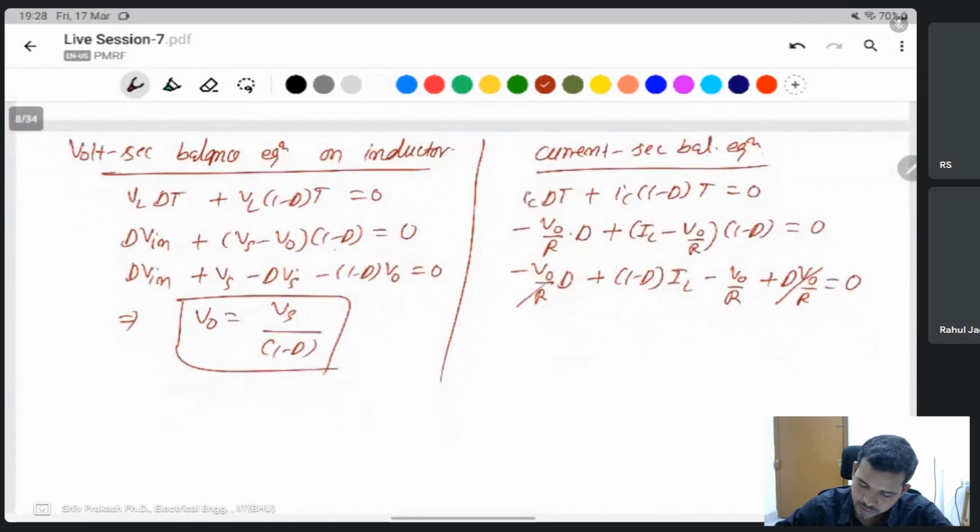This one cancels out. I'll find V naught by R into 1 minus D. I can say it is I naught divided by 1 minus D.